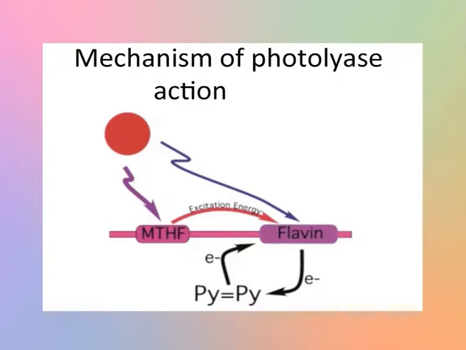So what is the mode of action of photolyase? It first harvests the light energy. So electrons are excited and they are transduced from FADH minus to convert it to FADH2. And these excited electrons or high energy give the energy to the thymine dimer to resolve it. 6,4 photolyase is present but not found in placental mammals.